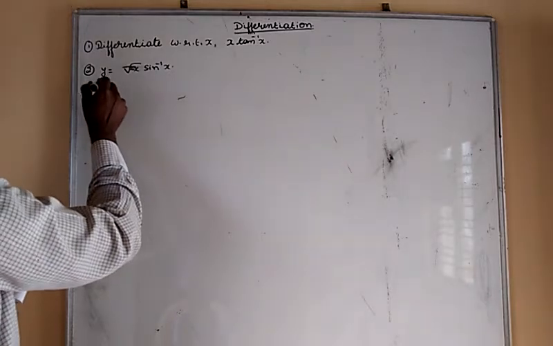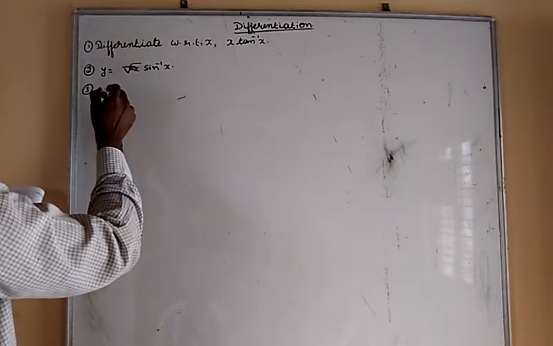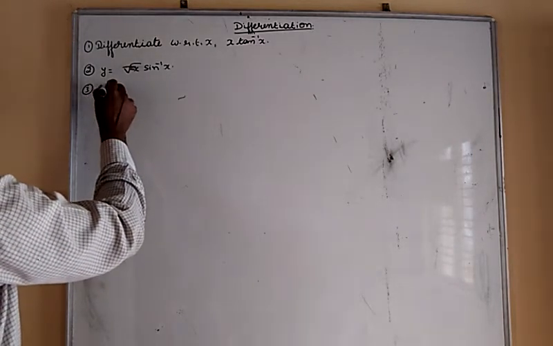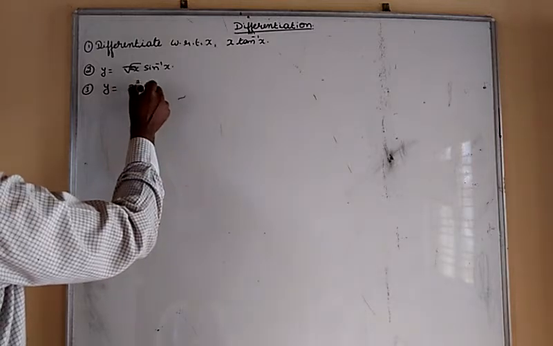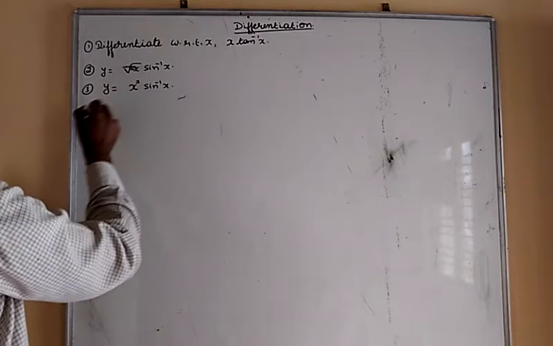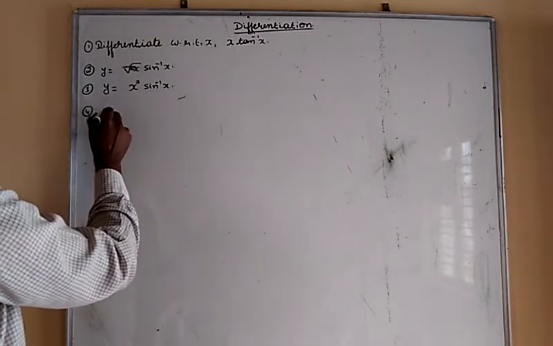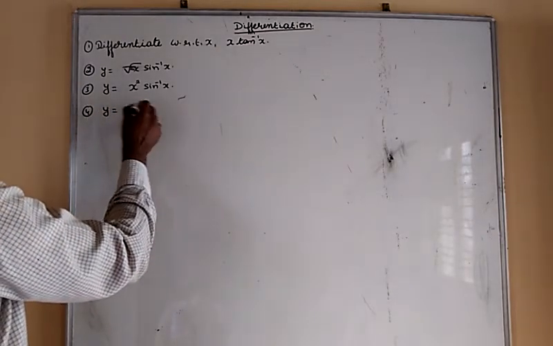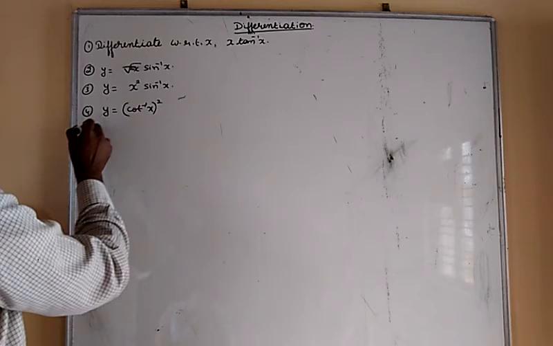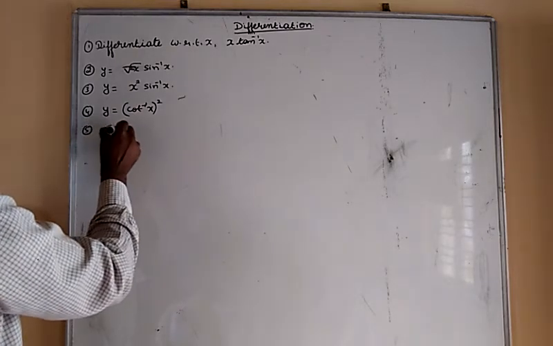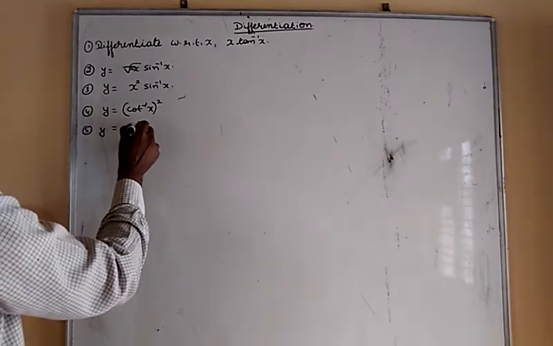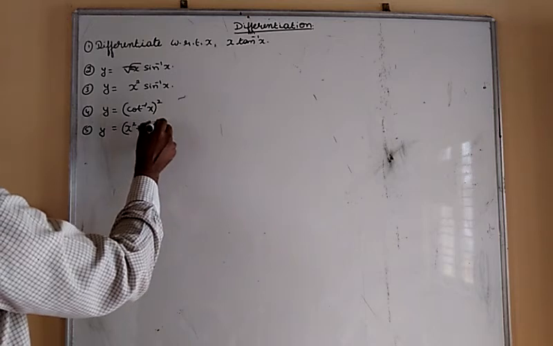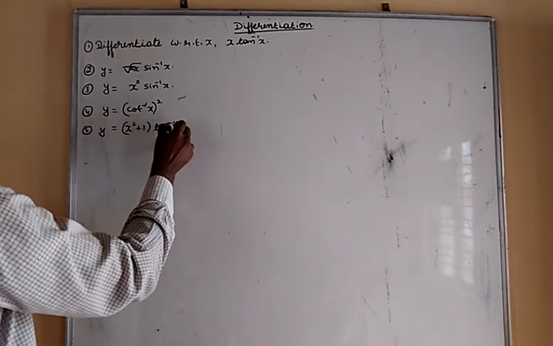Then third one, y is equal to x square sine inverse x. Fourth one, y is equal to cot inverse x whole square.